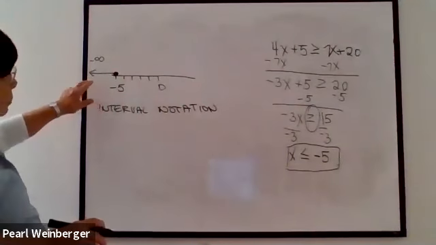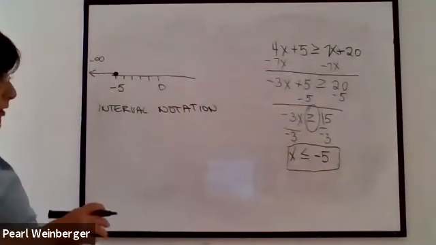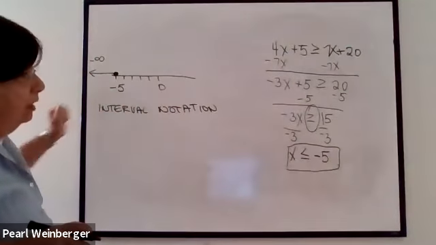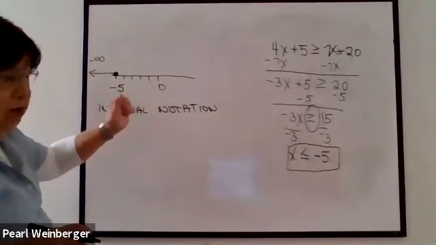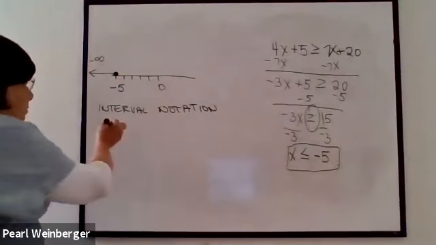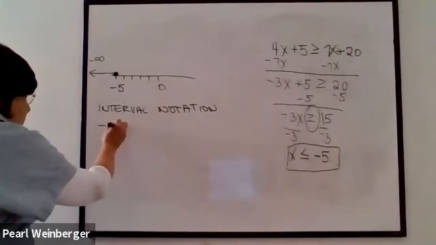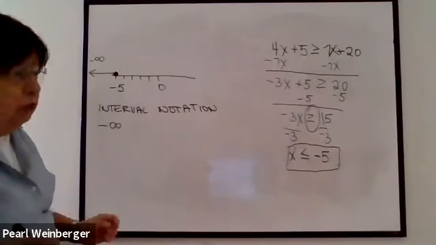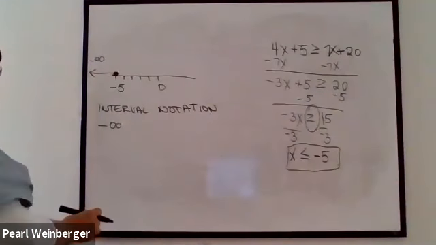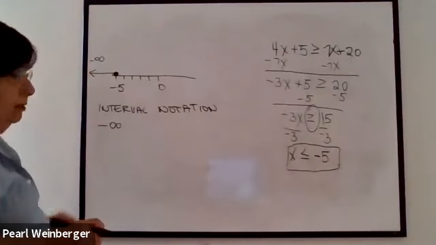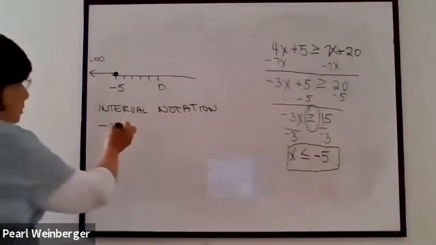There are two numbers involved here. There's the number at the left end of the interval, and there's a number at the right end of the interval. At the left end of this interval is -infinity. It's not a specific number, but it's written as a number. The number at the right end of the interval is -5.